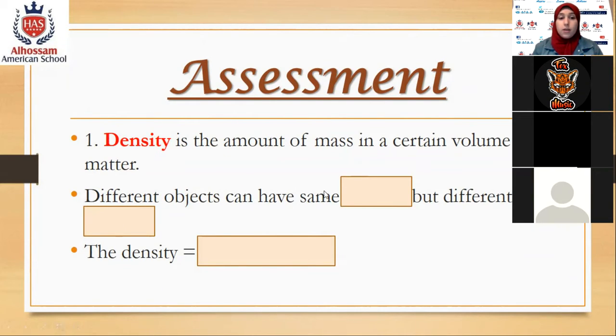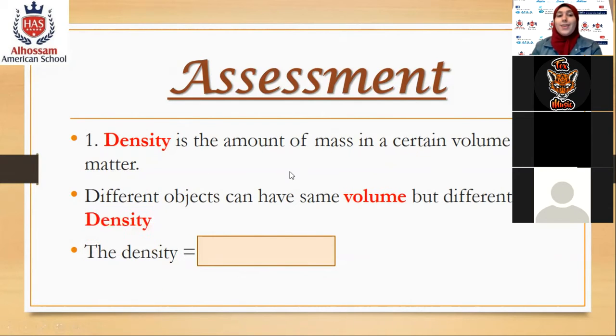They have the same volume, but different... If they have the same volume, would they have the same mass? No. Perfect. If the mass is different, it will lead to a different density. Okay? You got it? Yes. Perfect. Thank you so much.